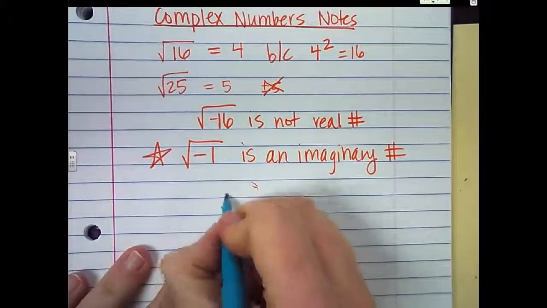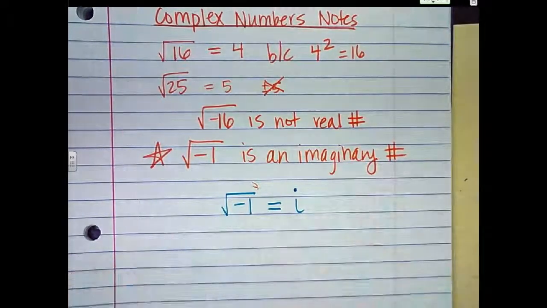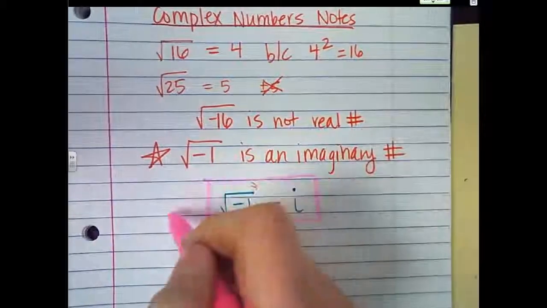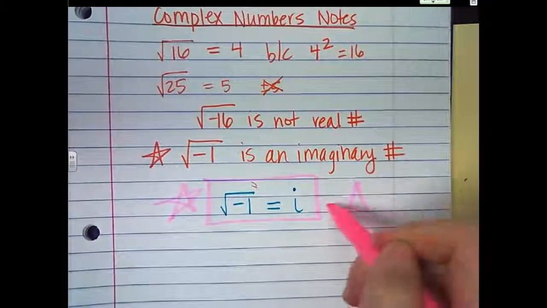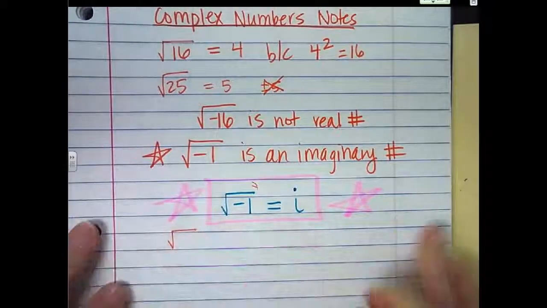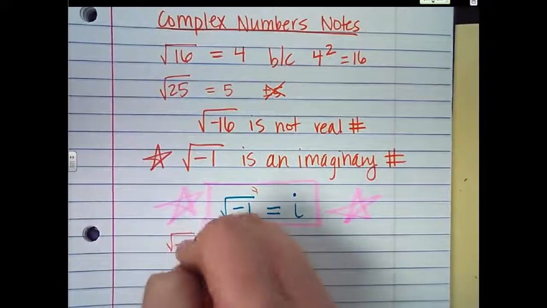So the square root of negative 1 equals i. If you've looked at your worksheet already and you saw, well, no, there's no i's, there is. You need to know for sure, and you'll know it real quick. The square root of negative 1 equals i. Now, instead of saying the square root of negative 16 is not a real number, we're going to break it down.